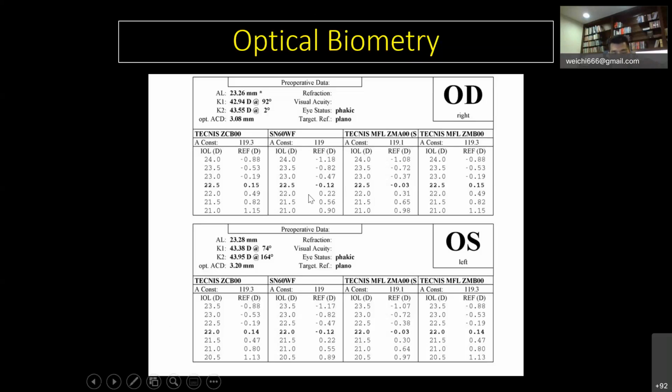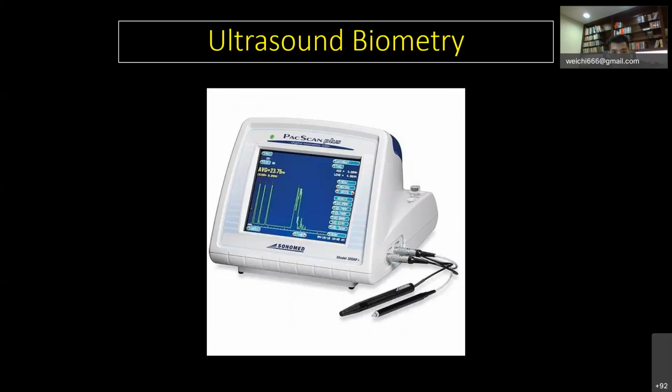Then you might consider using a plus refractive error close to 0 diopter, okay? Because he doesn't need to retain any refraction for reading. So this is a very useful test before we conduct cataract surgery for the patient.